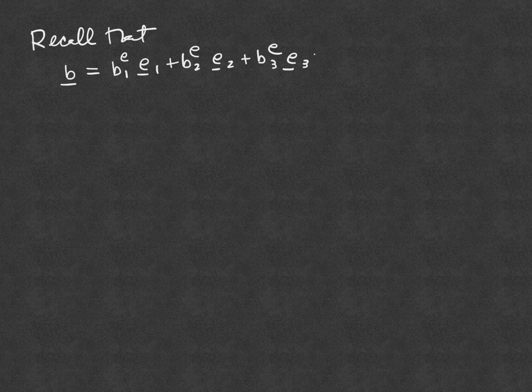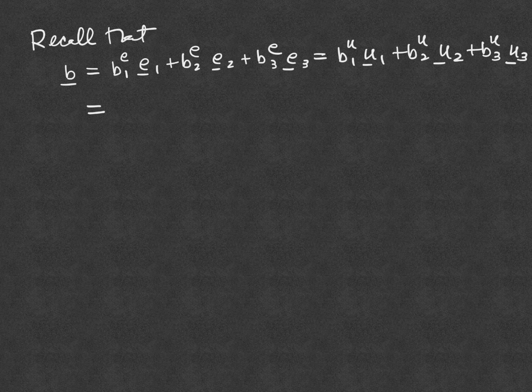But that's also equal to b1u u1 plus b2u u2 plus b3u u3. Now suppose that I substitute u1, u2, u3 in terms of e1, e2, e3, which is what I had from the previous page.